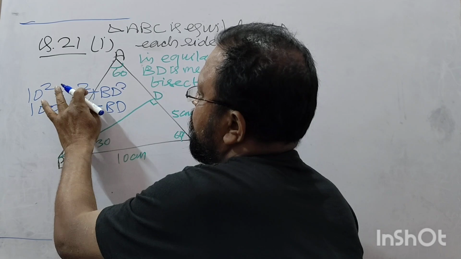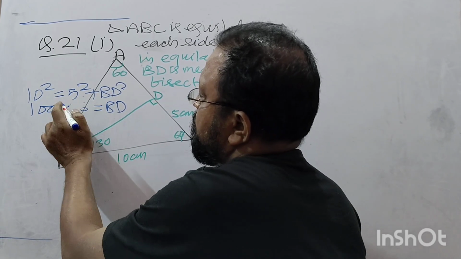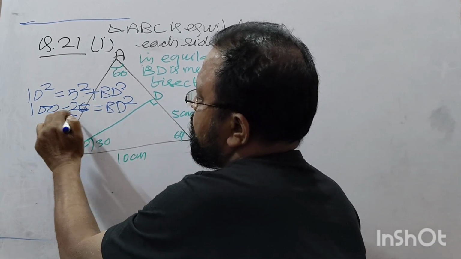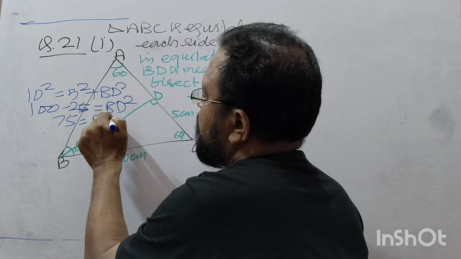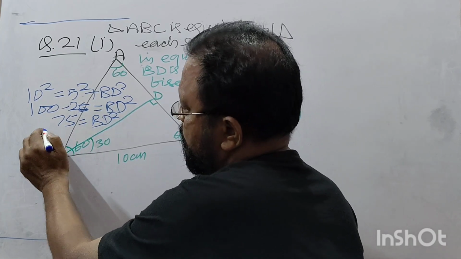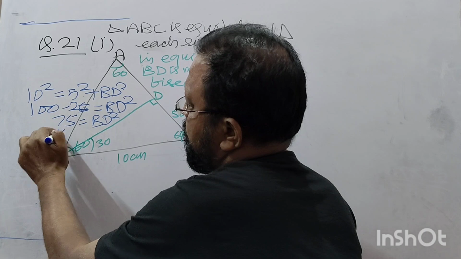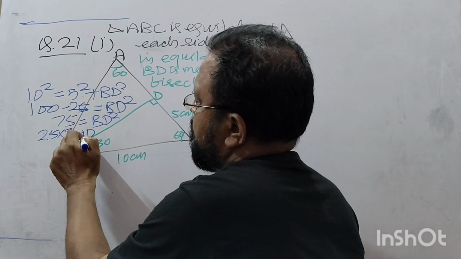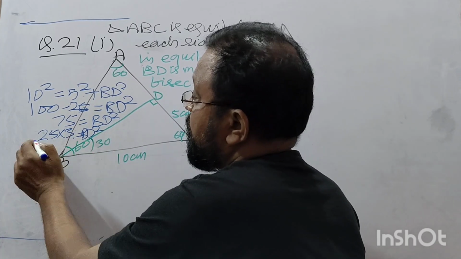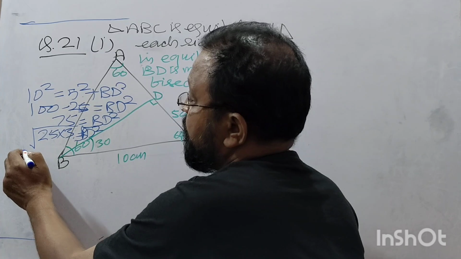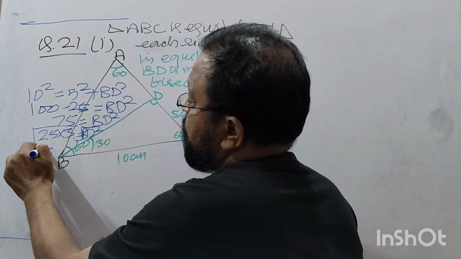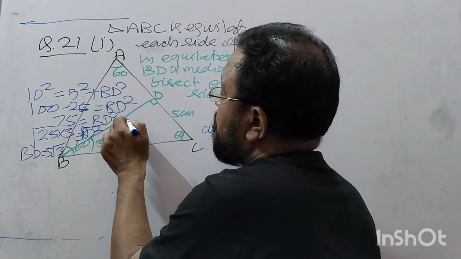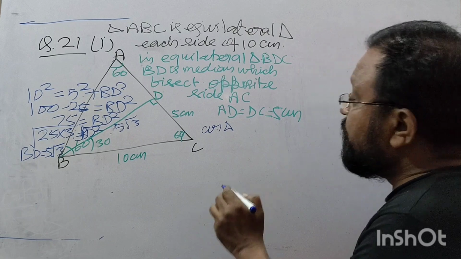So 64 is equal to BD square. Taking root over both sides, BD is equal to 8.